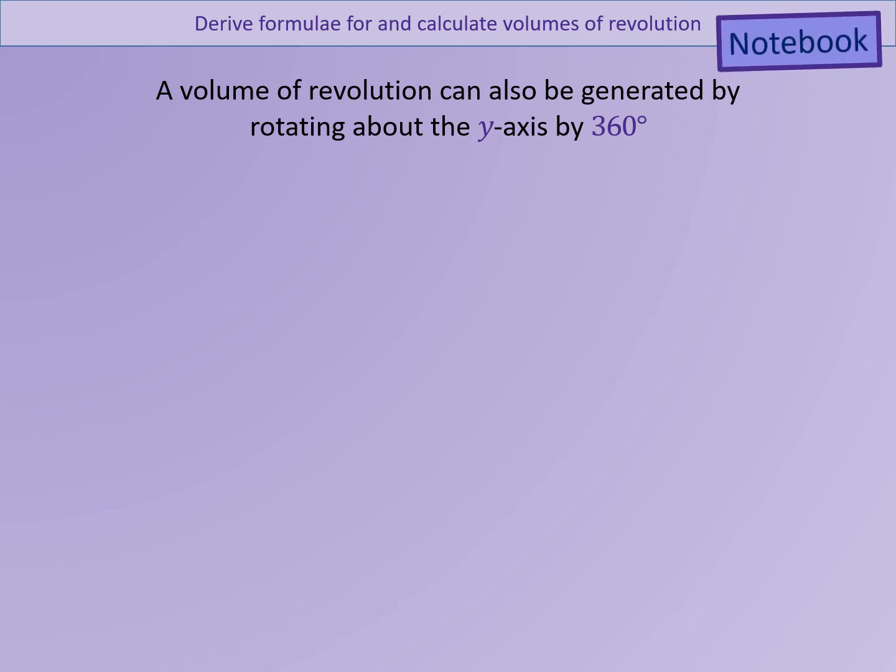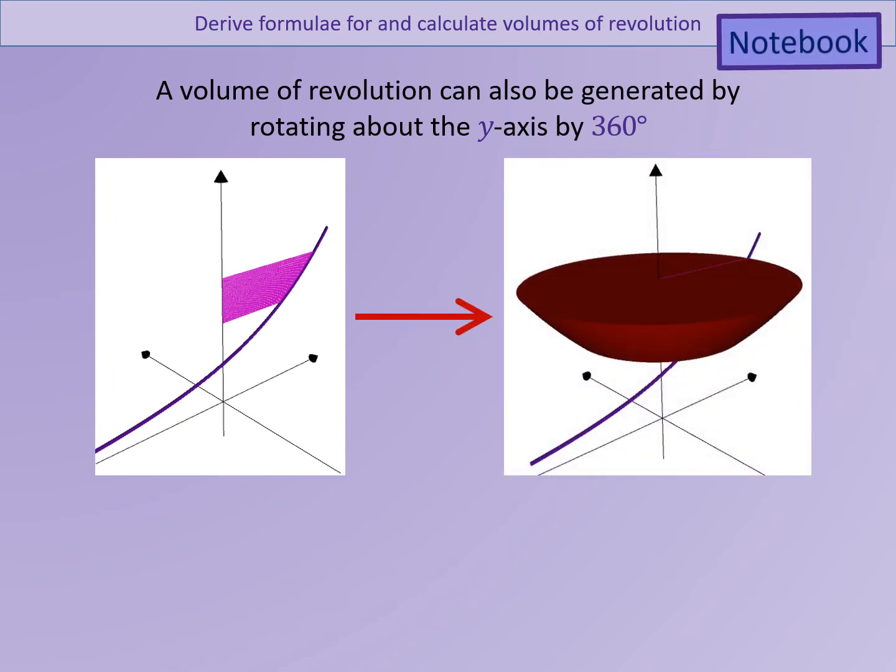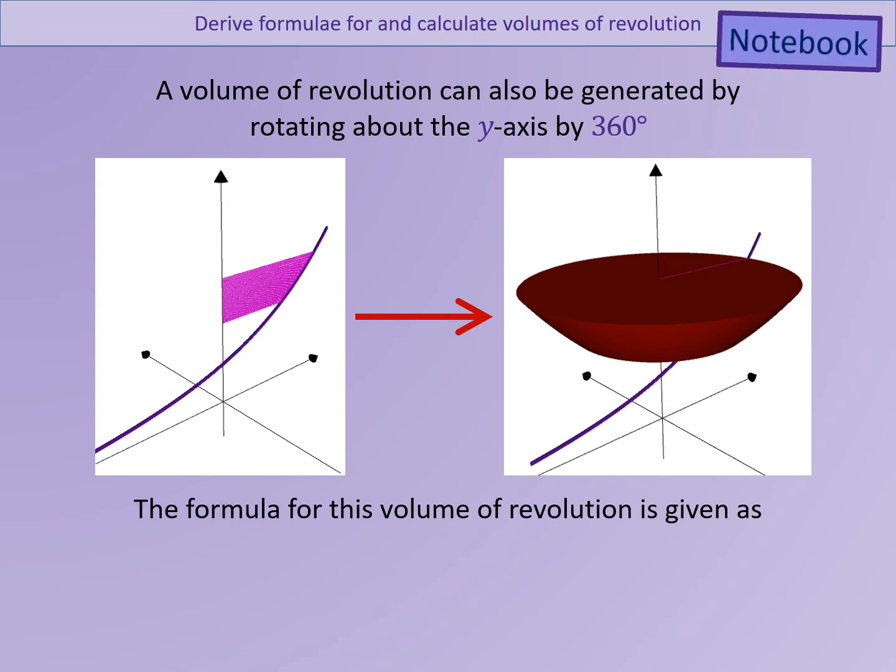Volume of revolution can also be found by rotating a curve around the y-axis, and this will give a different volume to the rotation around the x-axis. The formula for rotating around the y-axis is pi multiplied by the integral of x squared dy, and this time the limits need to be the y values.